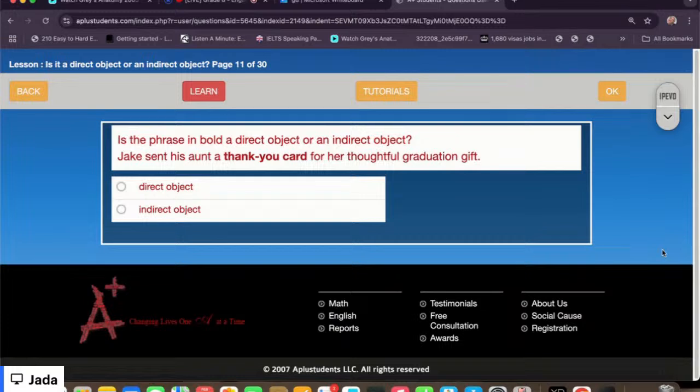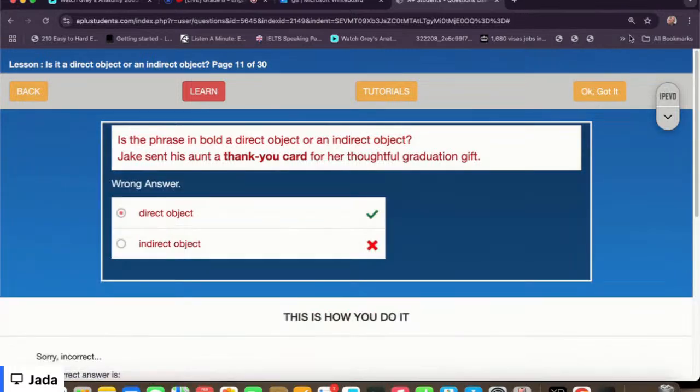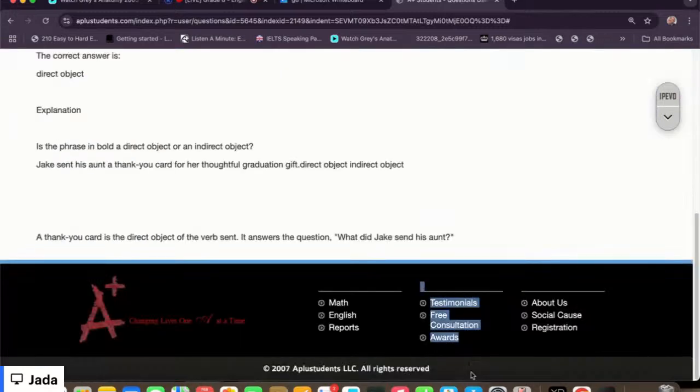So indirect. So the direct object is actually the correct one because you would say a thank you card is the direct object of the sentence. It's the verb sent, okay? It's like saying, what did Jake send his aunt?